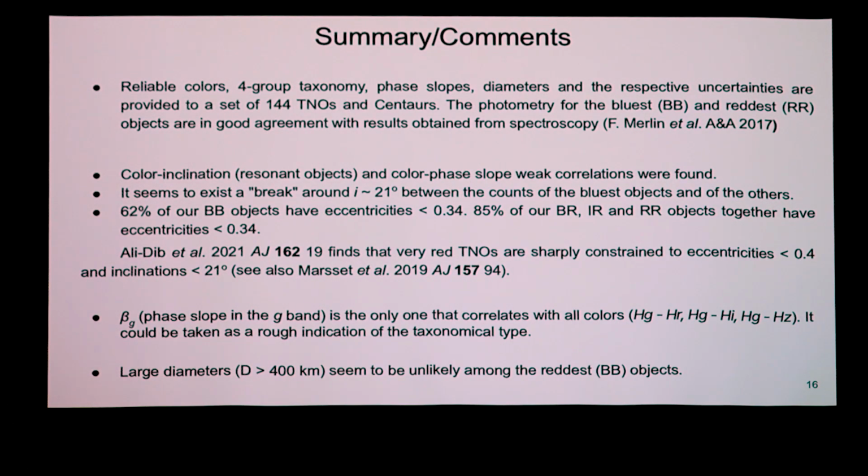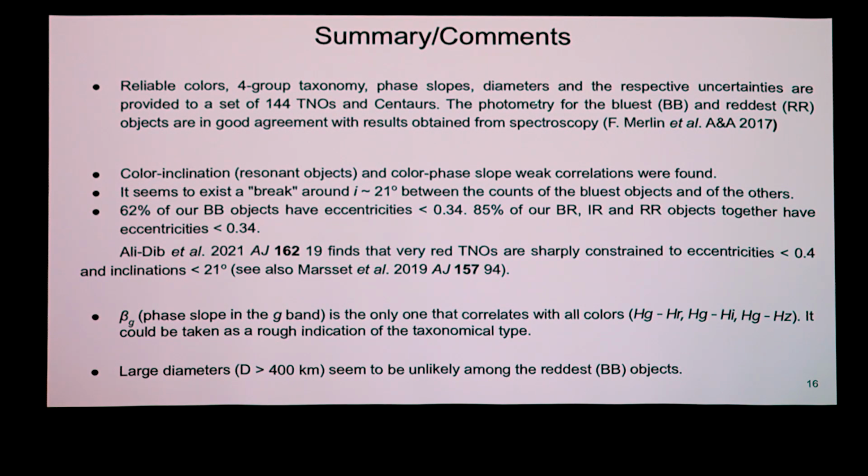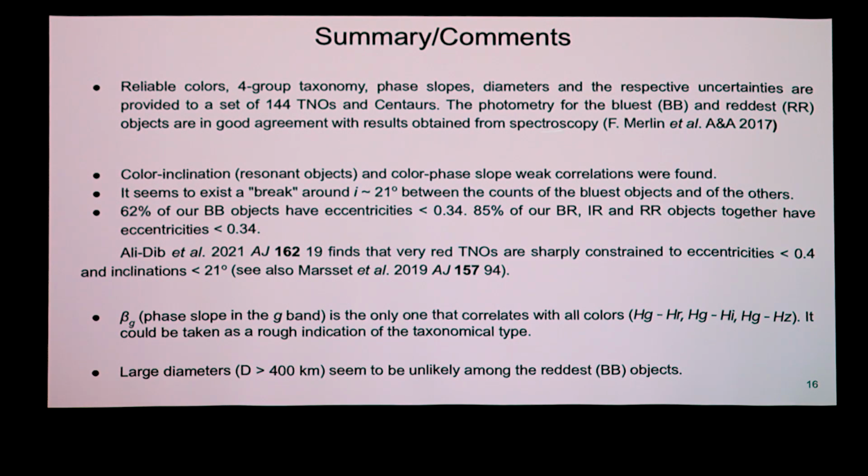So, a few summary comments. We believe to have found reliable colors in the 4-group taxonomy defined by Baruch and collaborators for more than 100 objects. And one thing that's nice in this classification is that, at least for the bluest and reddest taxonomical classes, there is a good agreement between reflectance spectra and the results from spectroscopy.